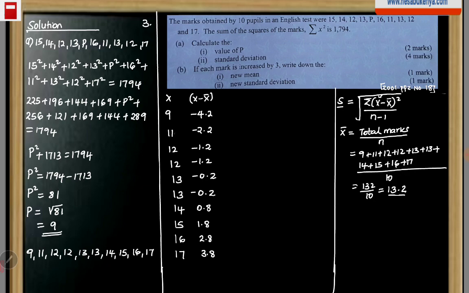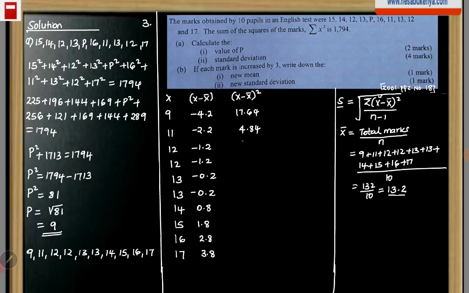Then now we need a column for x minus the mean squared. So the values we have gotten here, we square them. Negative 4.2 squared is 17.64. Negative 2.2 squared is 4.84.